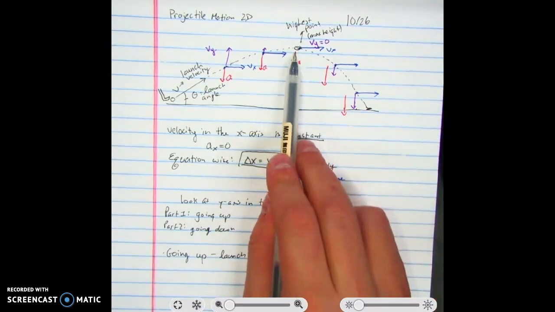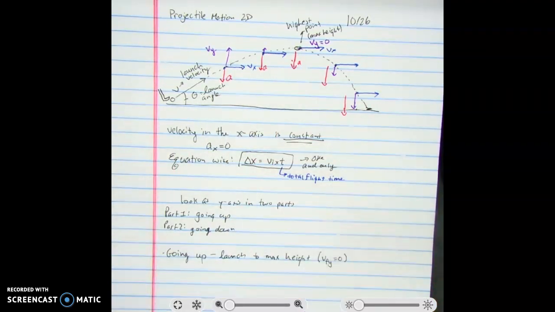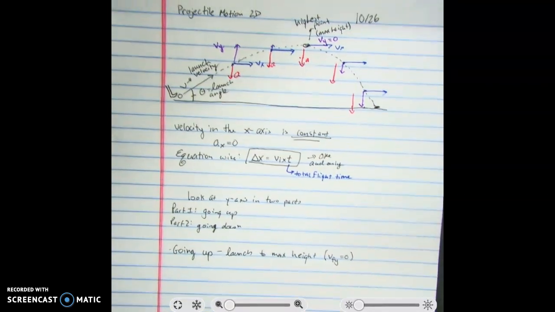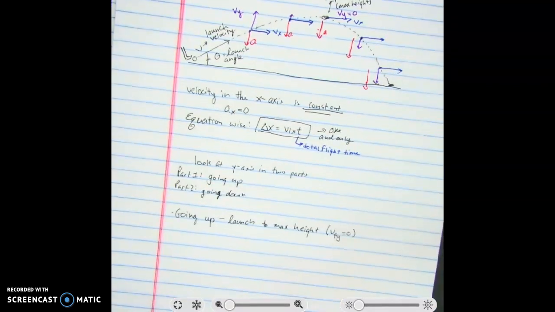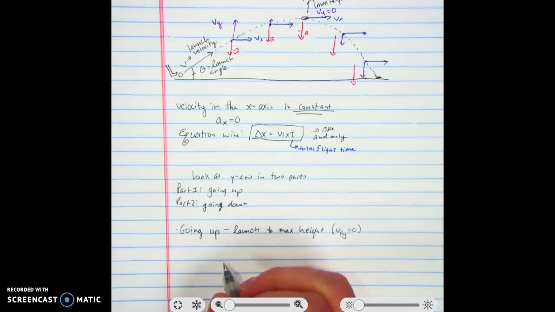We look from here to here. Okay, so we look at this in two separate parts. If we look at it in the going up fashion, all three kinematic equations are viable.